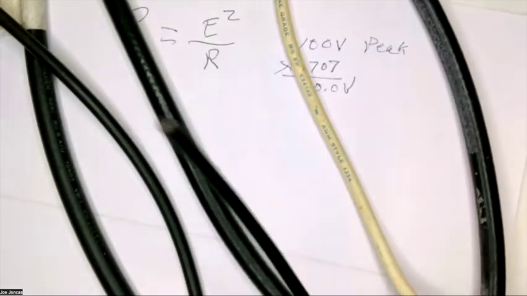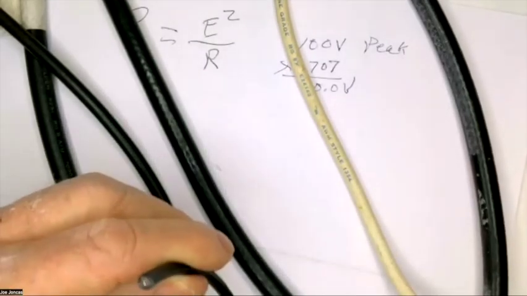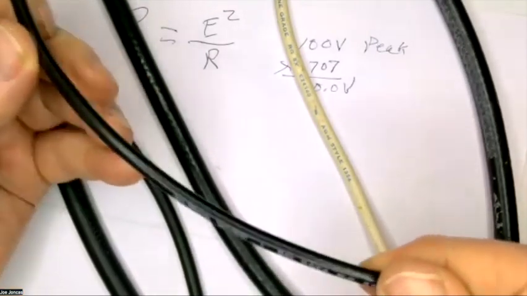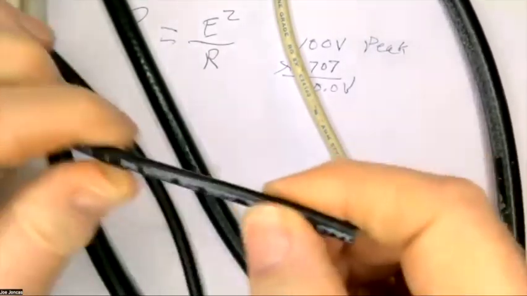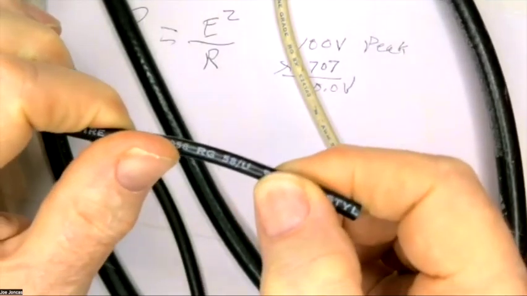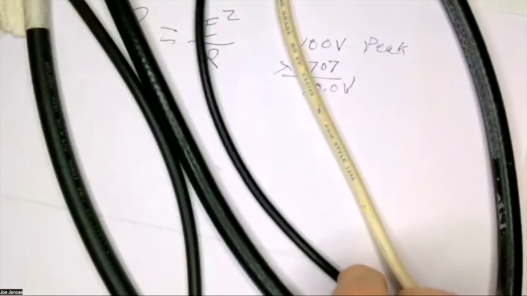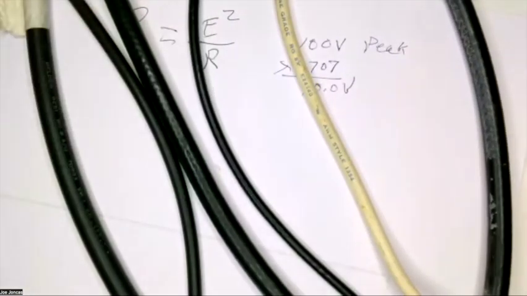See this little one here? You can see it's a small thing. If we look, it says RG58 right there. And if you're only going 10 feet and you have 100 watts or less, it's no problem, because in 10 feet you're going to have very, very little loss.